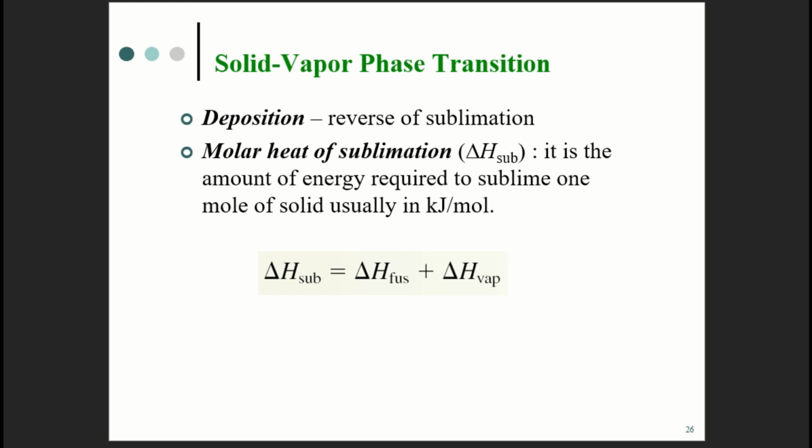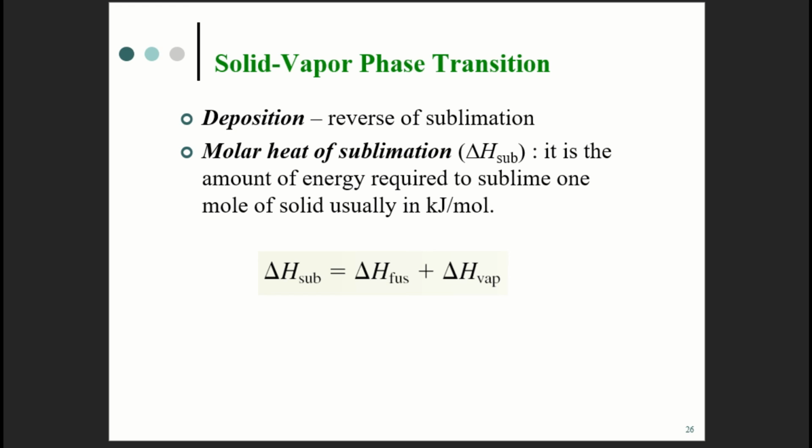Because the direction of the phase transition is solid to vapor, the processes involved are fusion and vaporization. So, class, the formula is: heat of sublimation is equal to the heat of fusion plus the heat of vaporization.